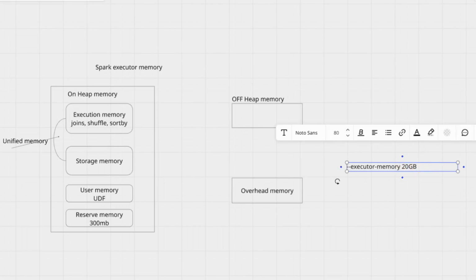Now in this 20 GB, there will be different divisions. There is something called Spark memory fraction, spark.memory.fraction. By default its value is 0.6, and you can also set this fraction. So what do we mean by Spark memory fraction? Spark memory fraction is the combination of execution memory plus storage memory.